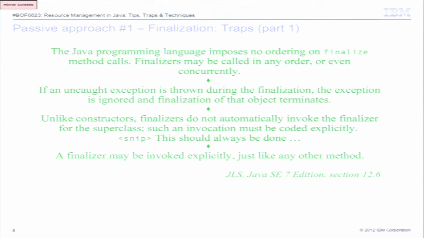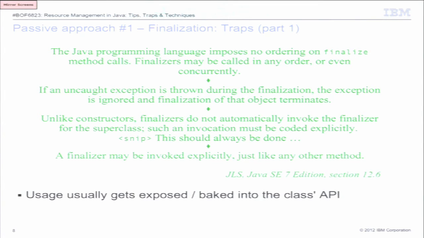And so you need to have extra guarding code in there to handle that. And then there are some other traps as well, beyond those which you can pick out from the language specification or that lead on from it.